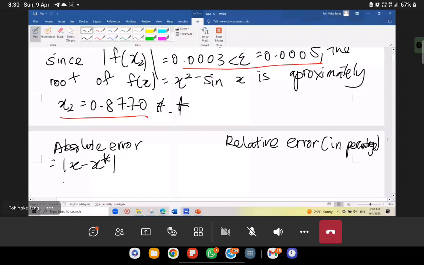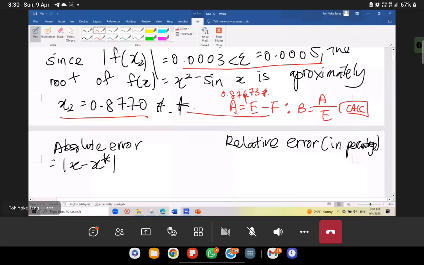So here, the absolute error E equals the exact value minus the approximate value. Then you press calculate. The exact value is given in the question, so we just use it, and the approximate solution 0.8770 we obtained here.